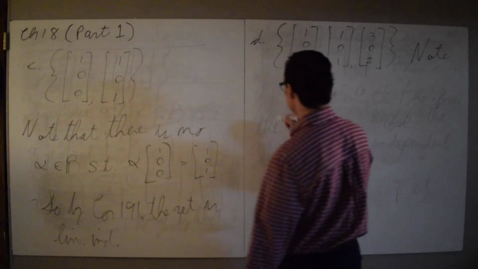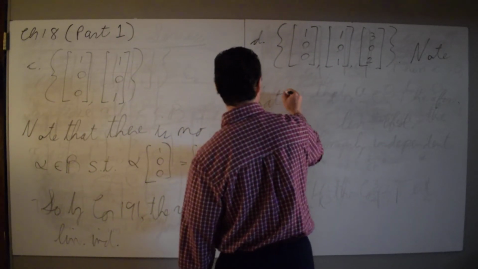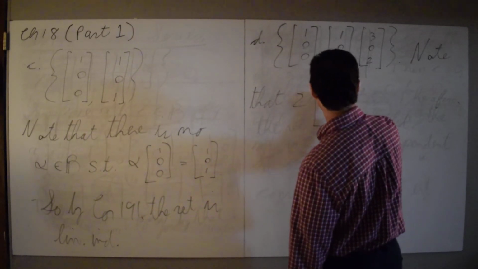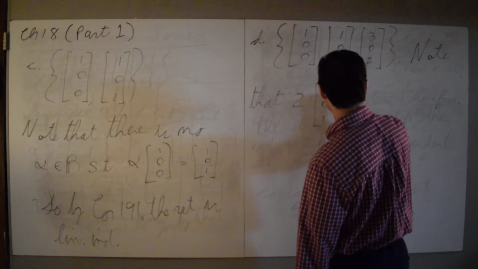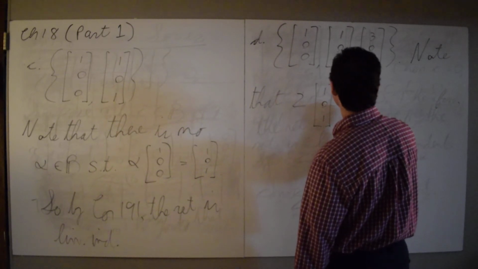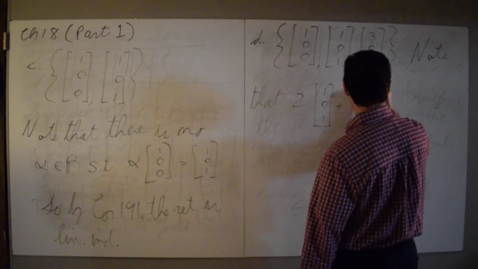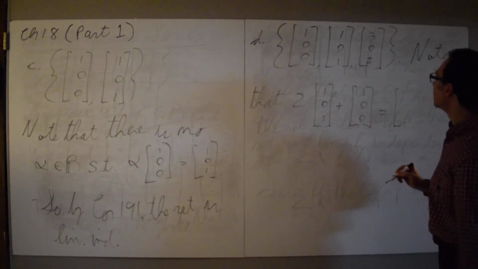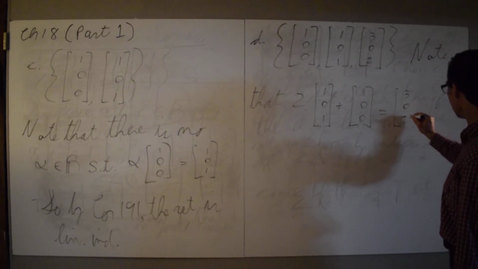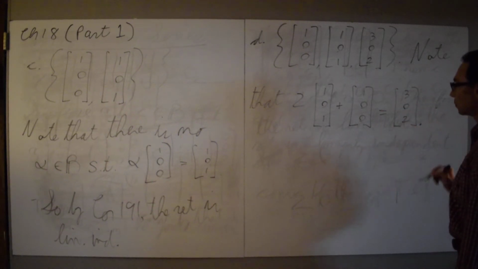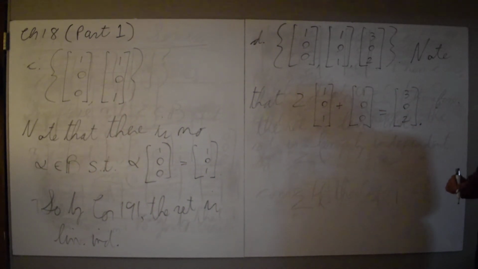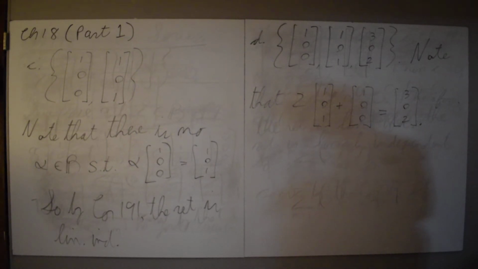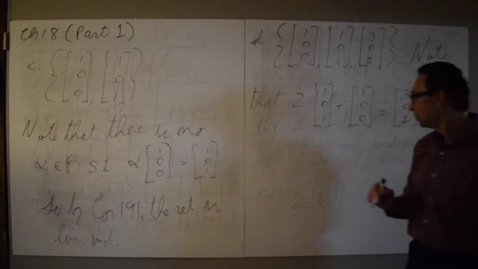Note that 2 times the vector 1, 0, 1 plus 1, 0, 0 is equal to the vector 3, 0, 2. Since one of the vectors in the set is a linear combination of the other two, then the set is linearly dependent.